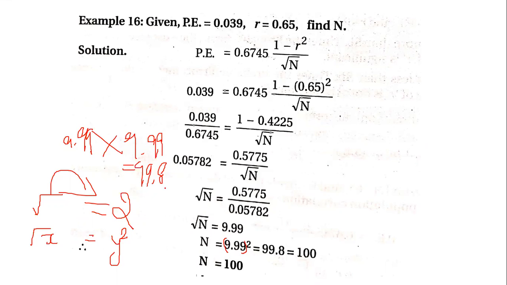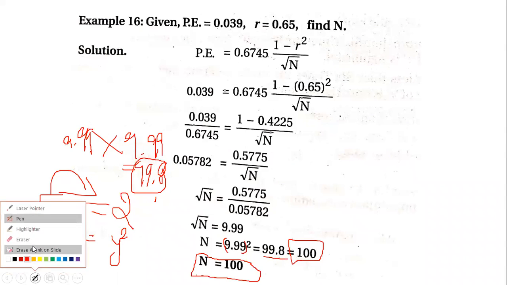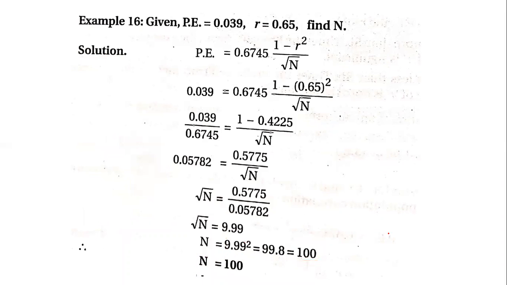Now here, if you round this off, why am I rounding? Because after the decimal, the value is more than 5. So if you round it off, you get 100. So while finding out N, in the last step, we round it off so that we get a complete value of 100 for N. Understood? So that is how you find N whenever they have given you probable error and the value of R. Did you all understand?